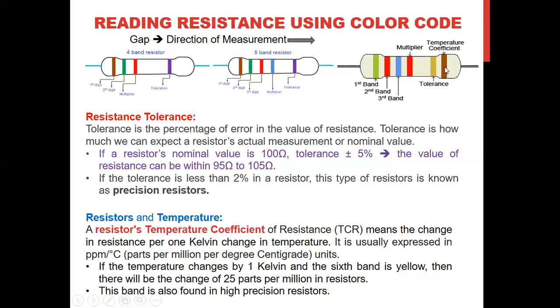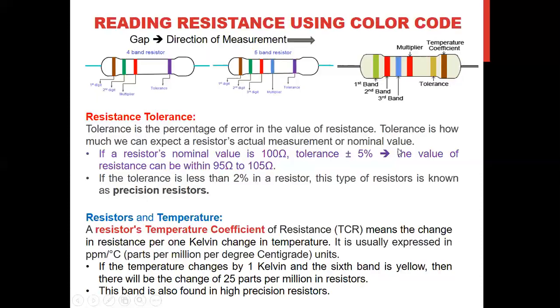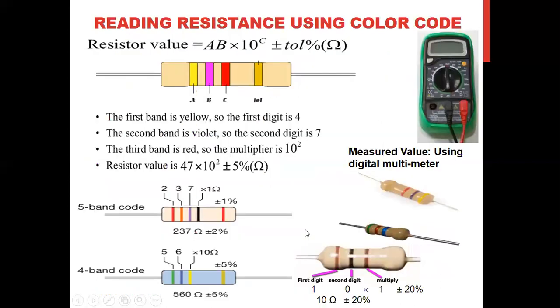If it is yellow, the value is 25 ppm, meaning 25 parts per million per degree centigrade. So either 25 or 100 per million is very good, and is a precision resistor.